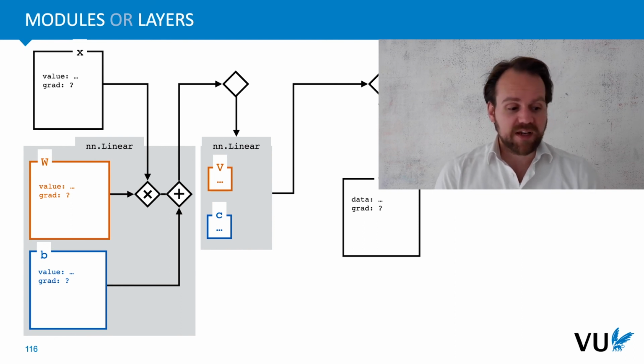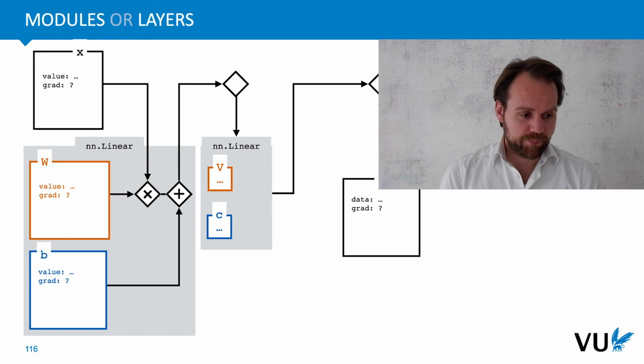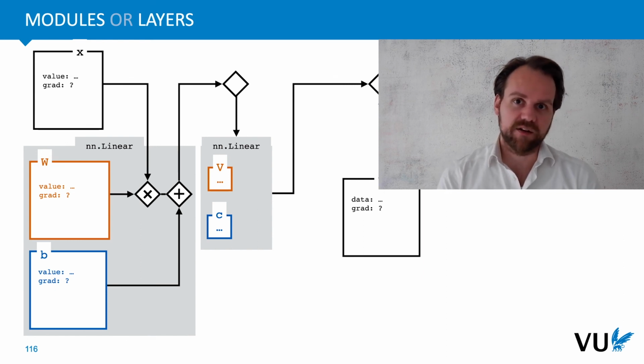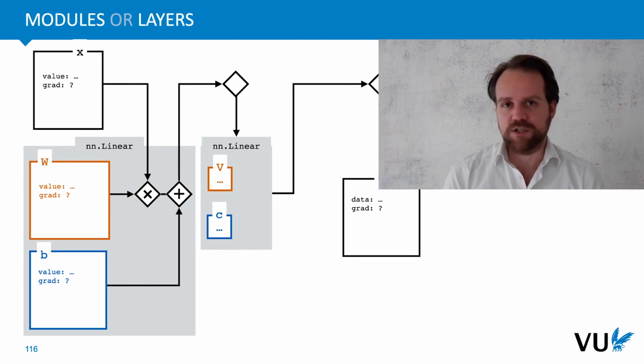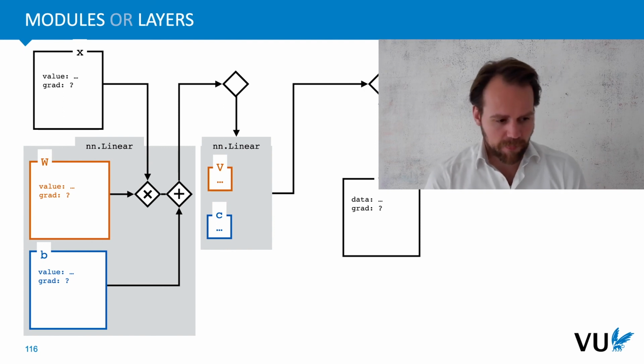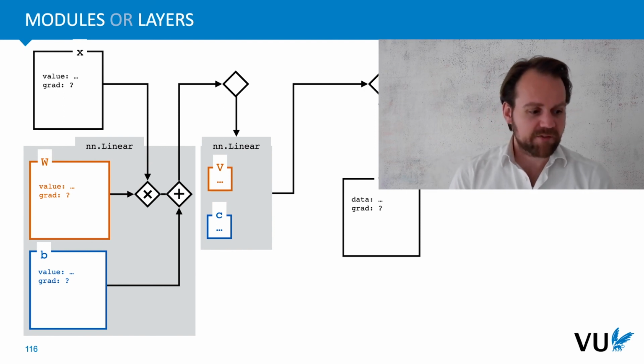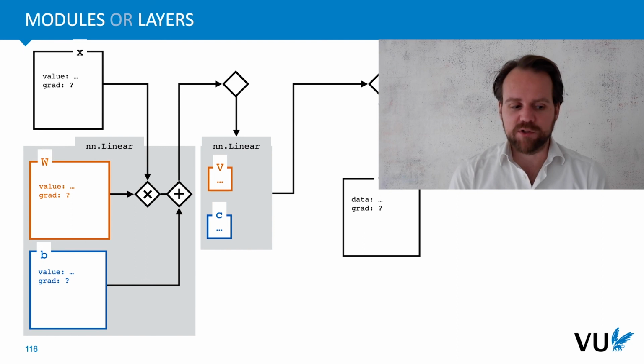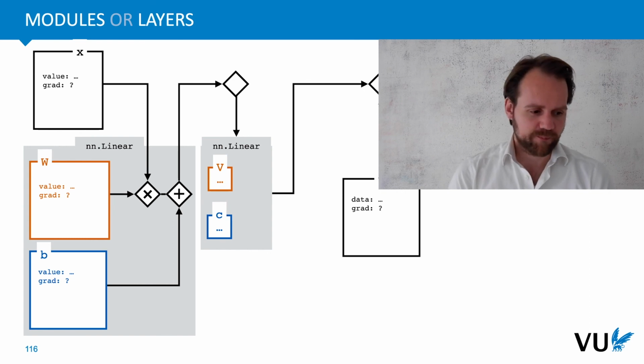So what we see here, for instance, is a PyTorch linear layer, which is an object that combines a number of parameters together with some computation in order to define a linear layer. So here we have a weight matrix W, a bias vector B, and the code that tells us how to multiply an input by the weight matrix and add those bias values.